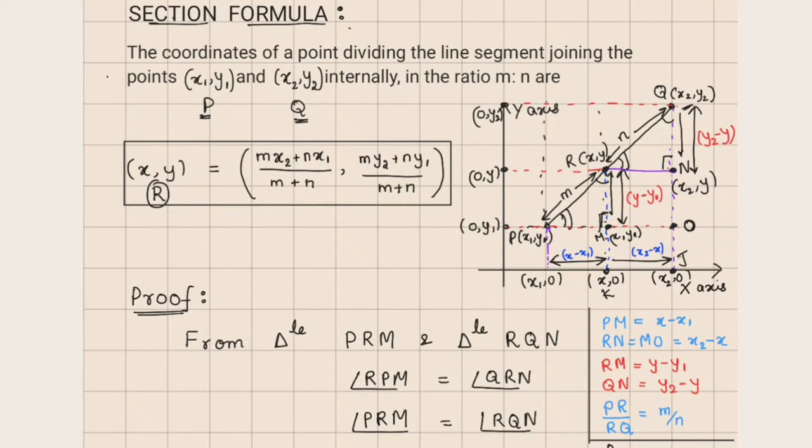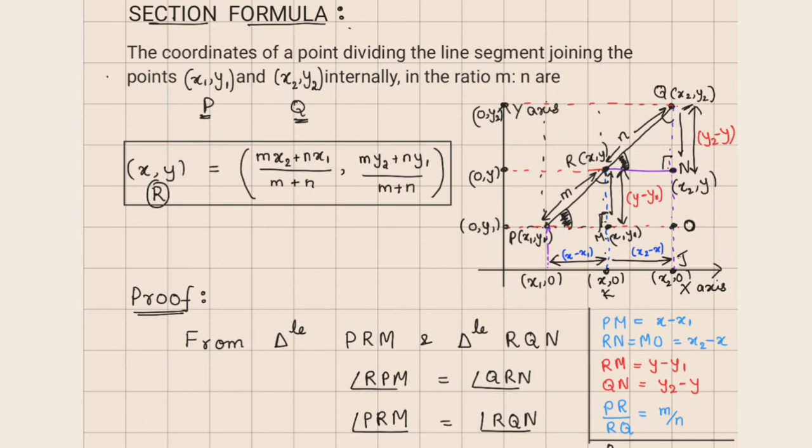These two are right angle triangles. So one angle will be 90 degrees, which is the angle M and the angle N. Why is it a right angle? Because the y-axis and x-axis are perpendicular. So similarly QN and RN are also perpendicular, because we drew lines perpendicular and parallel to the axes. So if you observe, angle RPM and angle QRN are equal.